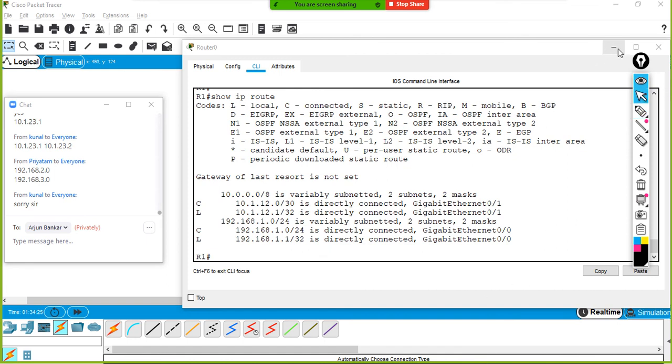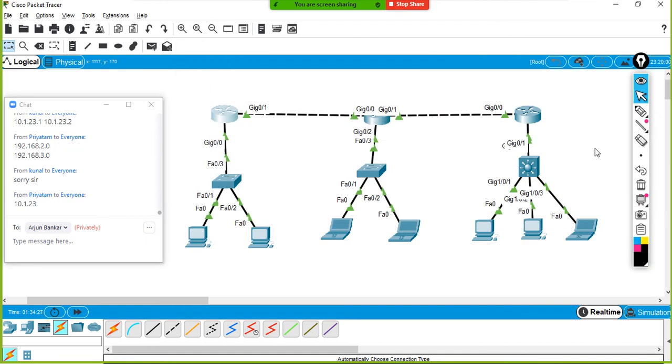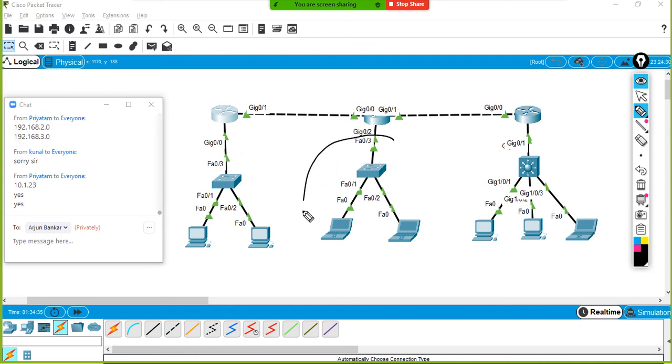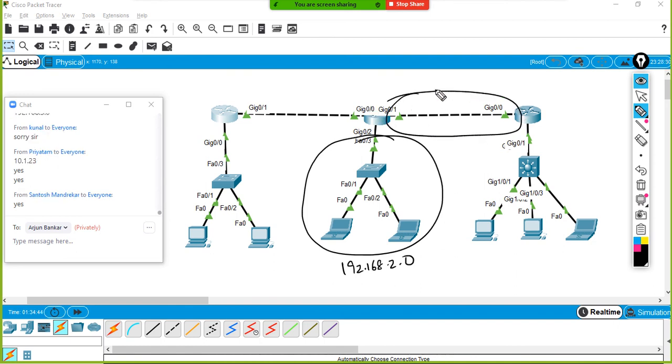Yeah, Preetham. Guys, everybody, I think most of you are confused, man. Maybe I put you in a confused state? Are you able to understand, everybody? See here. This is the network 192.168.2.0. Then this is the network 10.1.23.0, right?